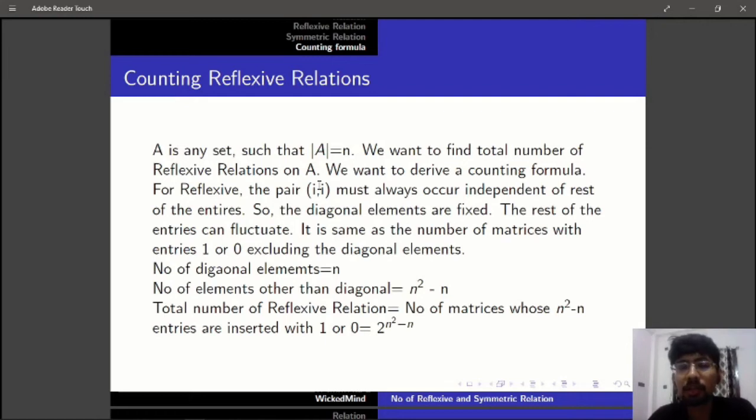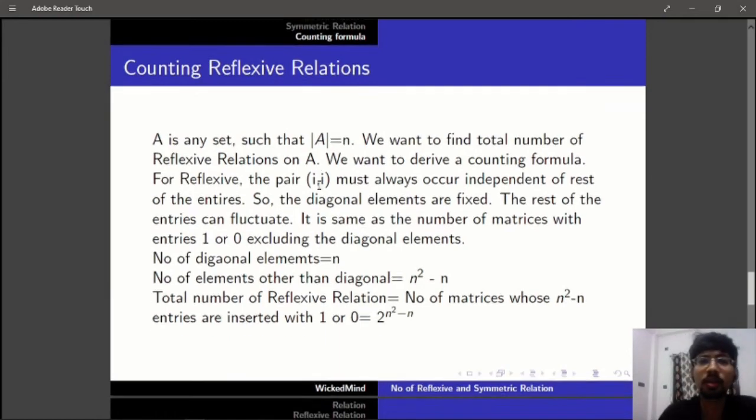The remaining entries equal the total number of entries, n squared, minus the diagonal elements, n. So the total number of matrices formed having n squared minus n entries which can be 0 or 1 will be 2 to the power n squared minus n.